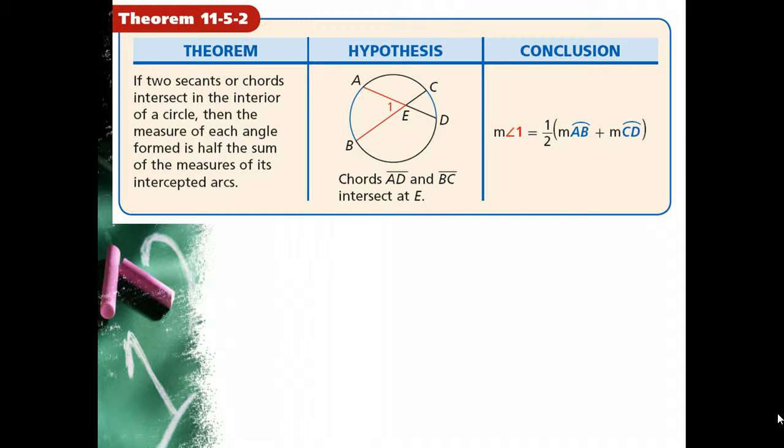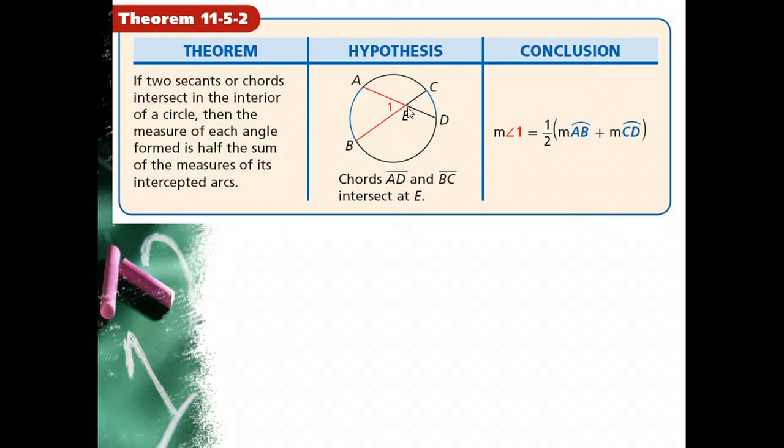Our next theorem talks about secants or chords intersecting. So if two secants or chords intersect in the interior of a circle, then the measure of each angle formed is half the sum of the measures of the intercepted arcs. So since this intersects inside the circle, we have two arcs that we have to think about.